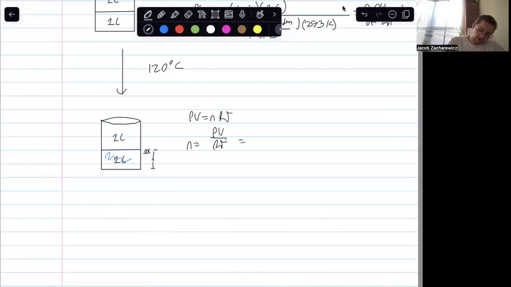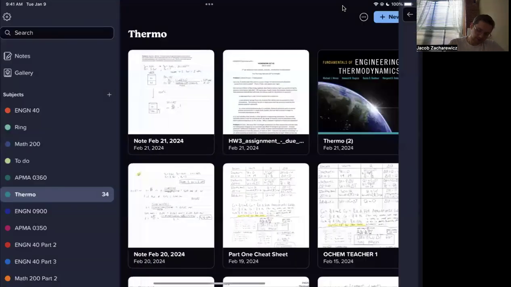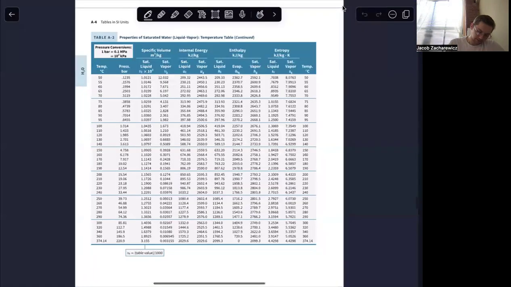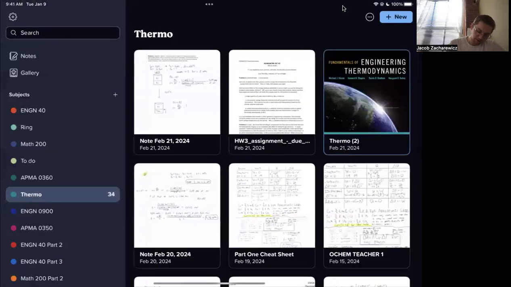If we plug in our values, now we have to find the pressure of water at 120 C. If we go to our steam tables, we can see that at 120 C, we have a pressure of 1.985 bar, which is very close to 1.985 atmospheres.